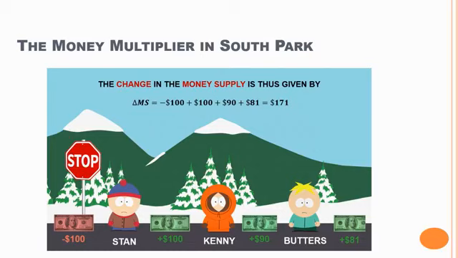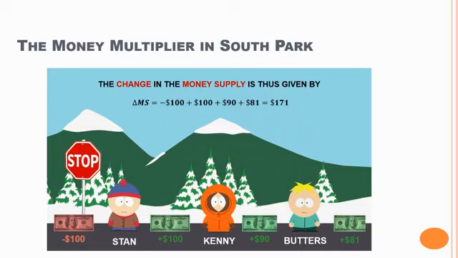So the idea is that the change in the money supply is given by minus 100, this is the destruction of currency in circulation, plus 100, this is the increase in demand deposits in Stan's bank, plus $90, this is the increase in demand deposits on Kenny's checking account, plus $81, this is the increase in demand deposits on Butters' account.